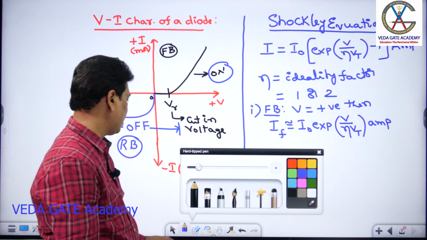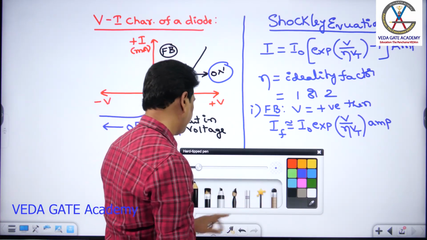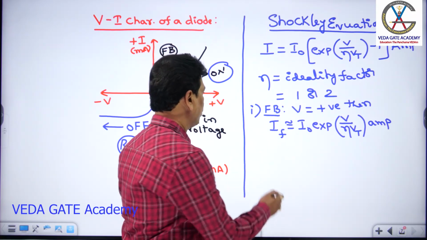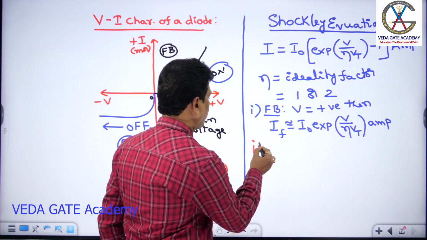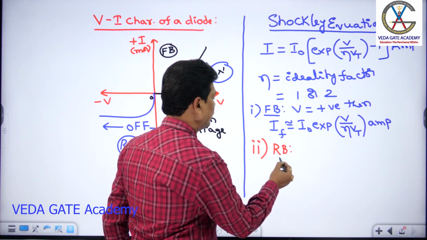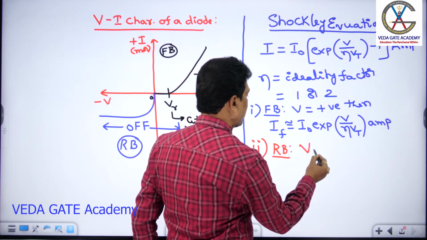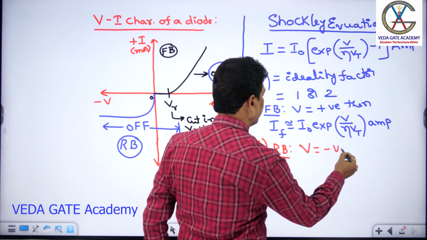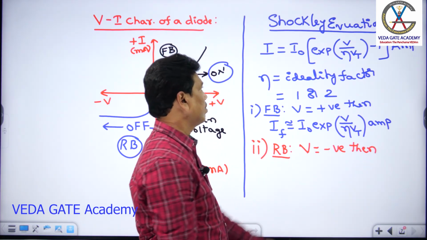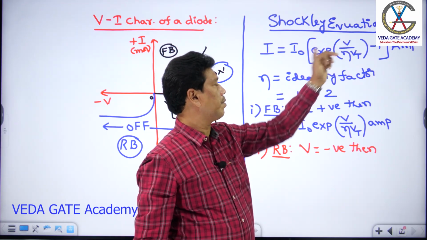Suppose I go for the reverse bias case. In reverse bias, you take V equal to negative. Then this becomes 1 by exponential.